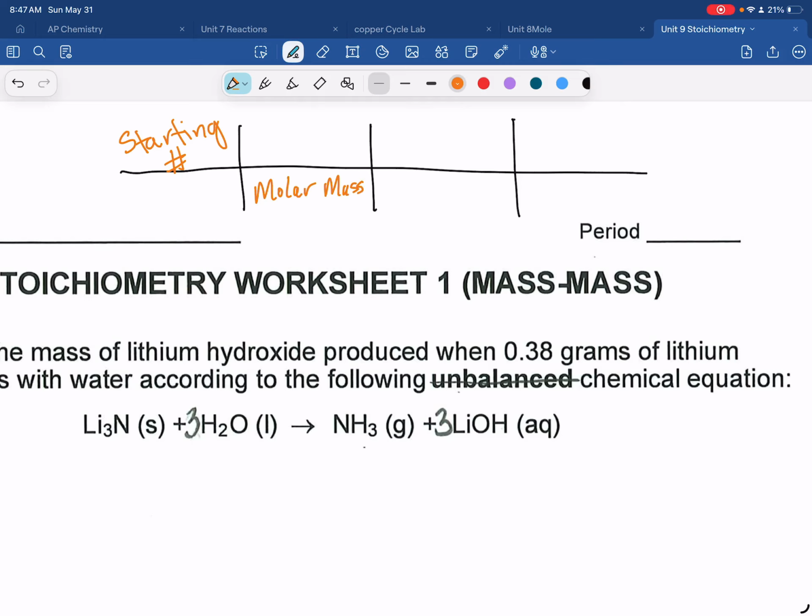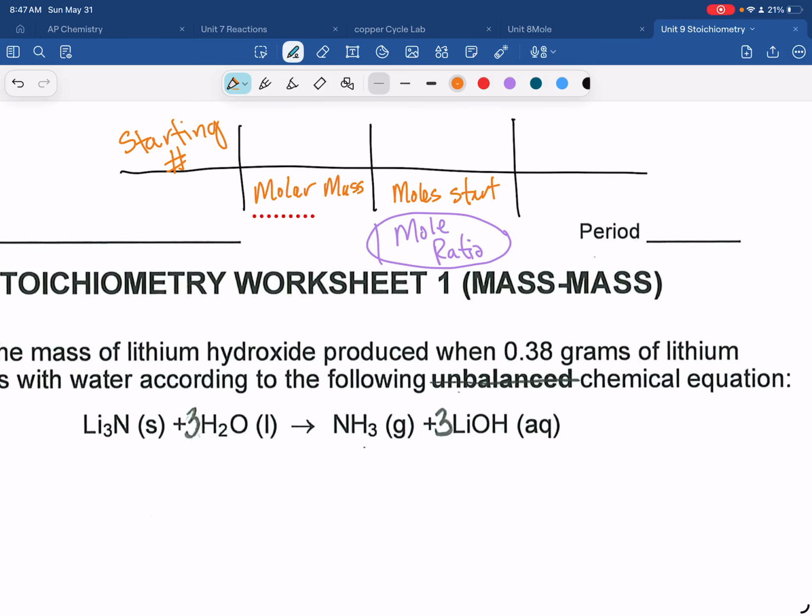All right? And then the mole ratio is our next step. So this is going to be our mole ratio. It's kind of like a sandwich because the mole ratio is the meat of the sandwich. So the mole ratio step goes here, and here's the moles that you start with.